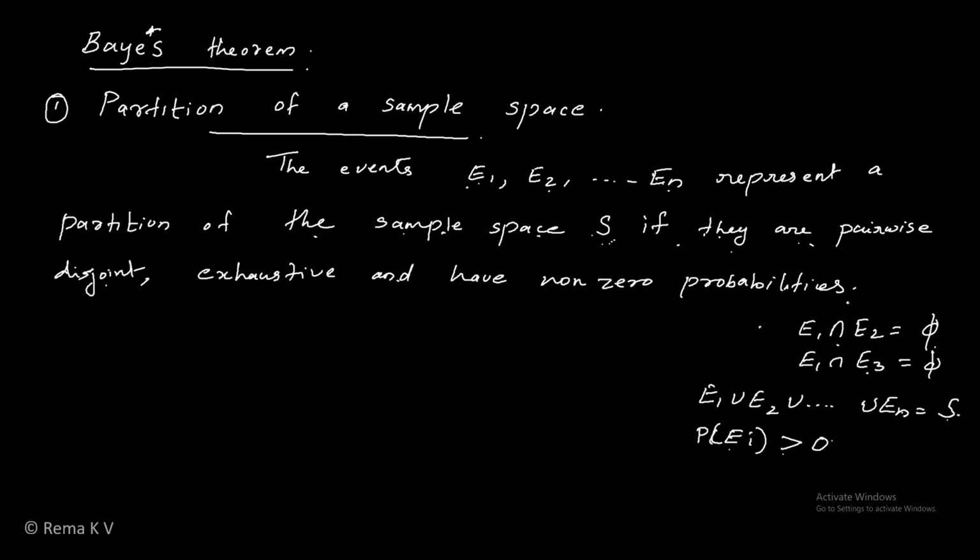That means if we consider any pair, their intersection must be a null set. And then the second one is exhaustive. Exhaustive means the union of all these gives the sample space itself. And the third one is the probability of every event is greater than 0, having non-zero probability. So this is the first term here, partition of a sample space.